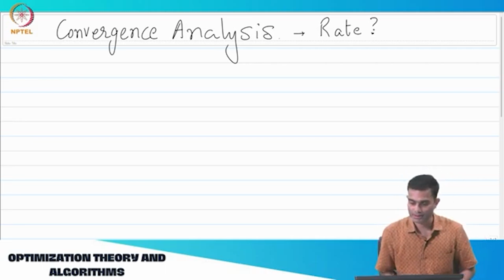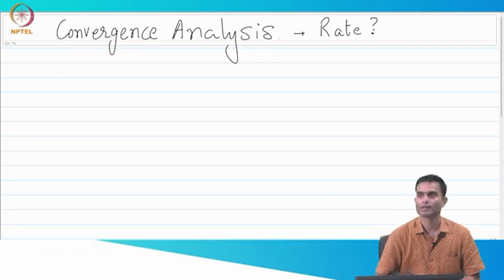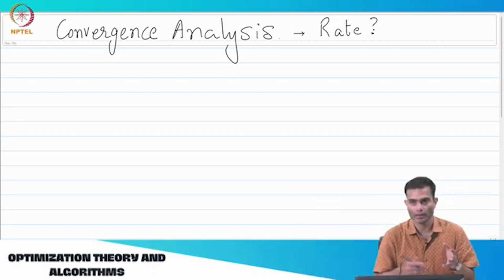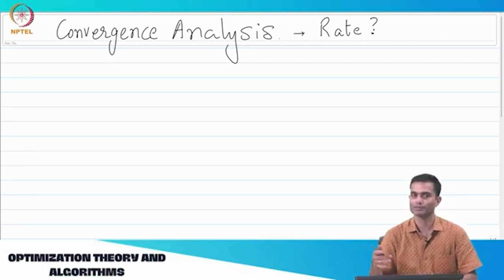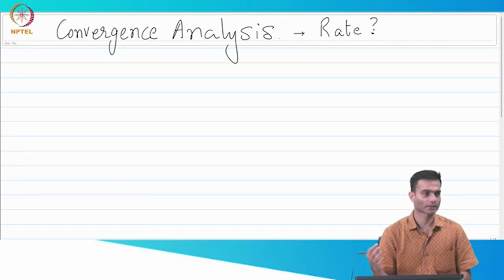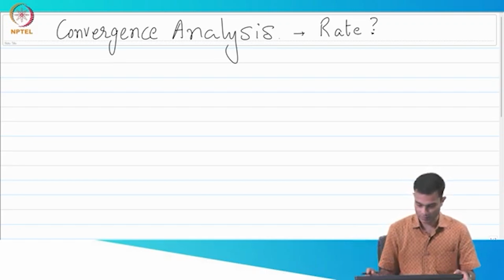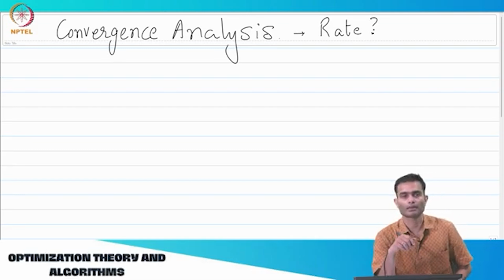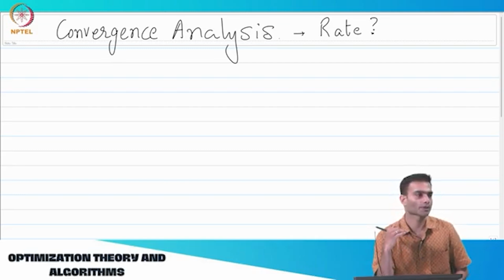Now, as it turns out, this rate analysis is a little bit more tricky to do. So I'll make some simplifying assumptions, and with that we'll arrive at a certain rate. And then I'll point you to some other resources where people have worked it out in a more general case. The proof is much longer. So we'll prove it for a simple case, and that simple case is assuming the objective function to be convex and quadratic.